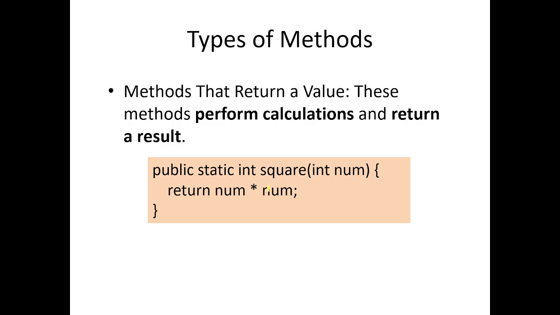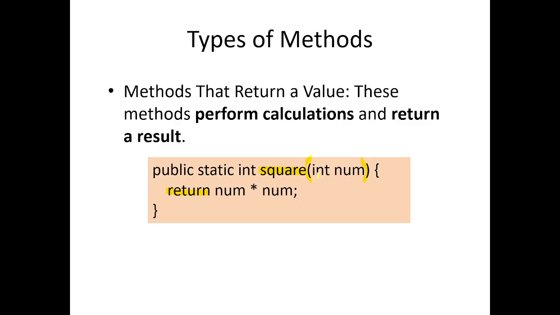In the current example you can see the keyword return. Then we have public static int square, and basically this is your method's name. Inside of this method there is an argument or parameter, because you can see here there is an int num.